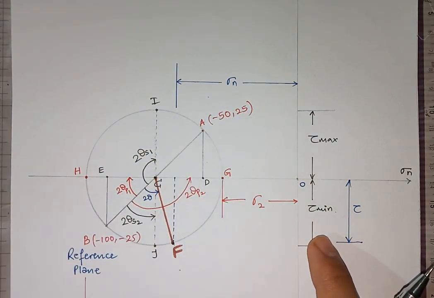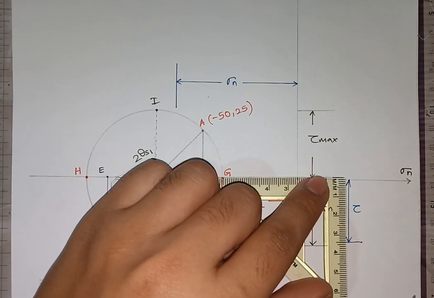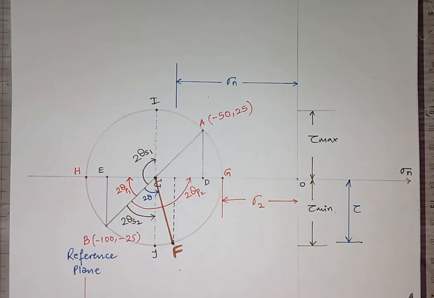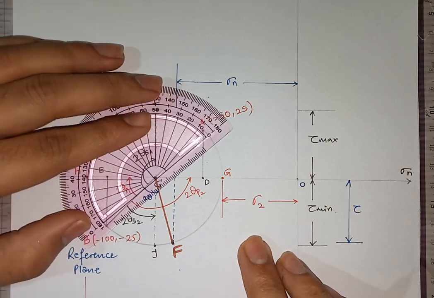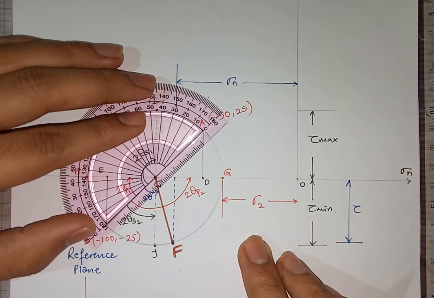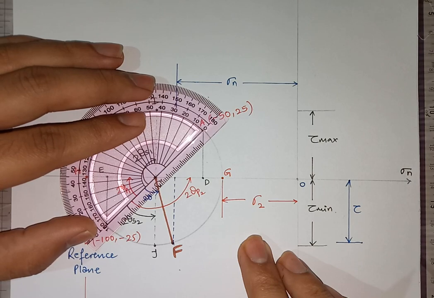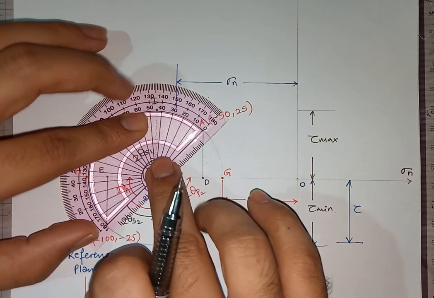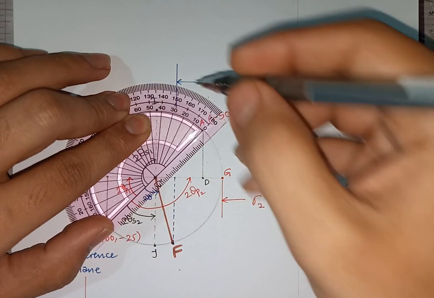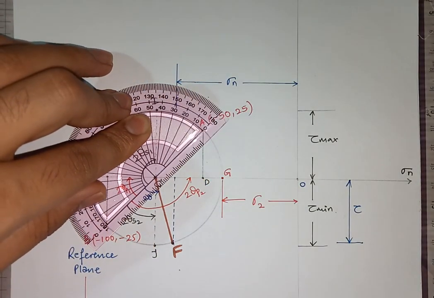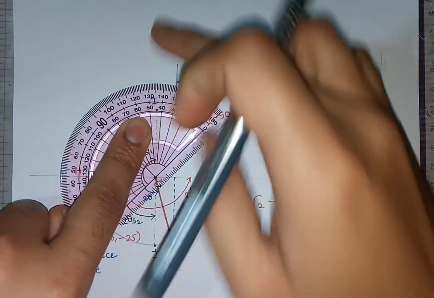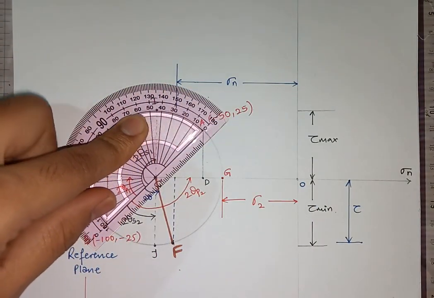Now let me measure the angles 2 theta s1 and 2 theta s2. 2 theta s1 with respect to the reference plane is once again 136 degrees. This is a clockwise direction, so it is positive.